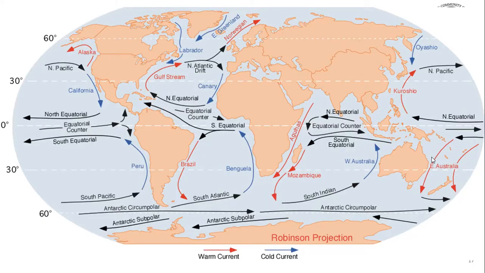So here's a map of the world, and this is generally speaking where currents exist and the direction in which they flow. If we look over on the Pacific side, this is why some of our coastlines are so cold: we have this cooler water out in the middle of the Pacific that comes along our coastline and south. So there really is no place to get warm water out here.